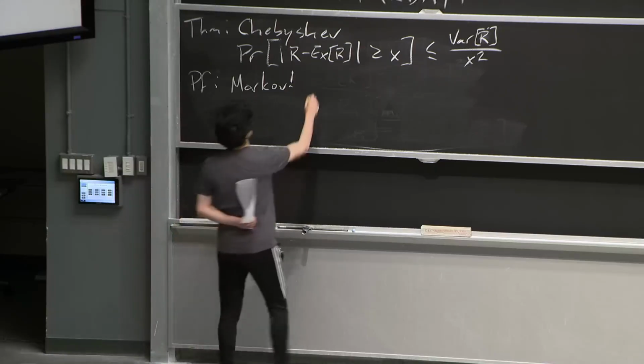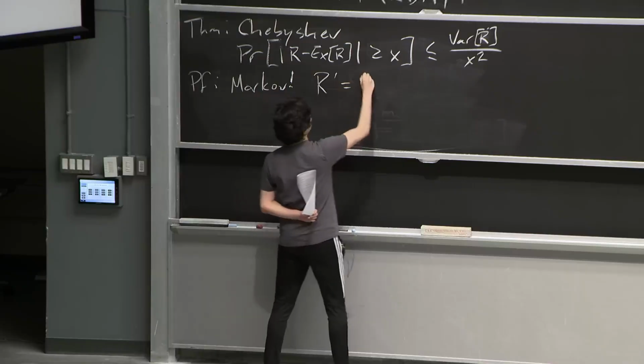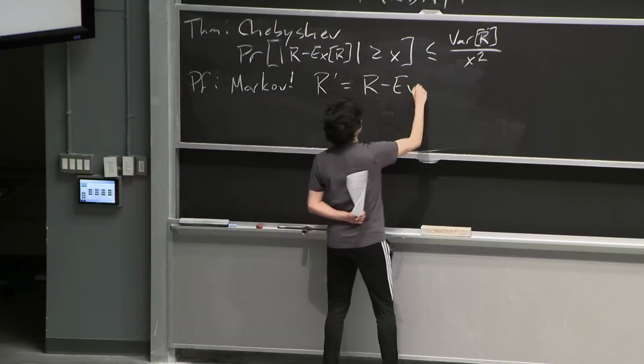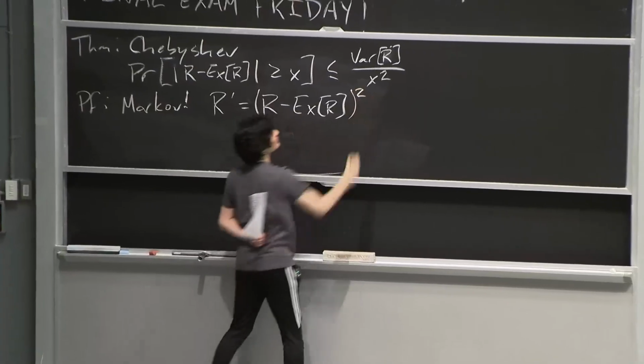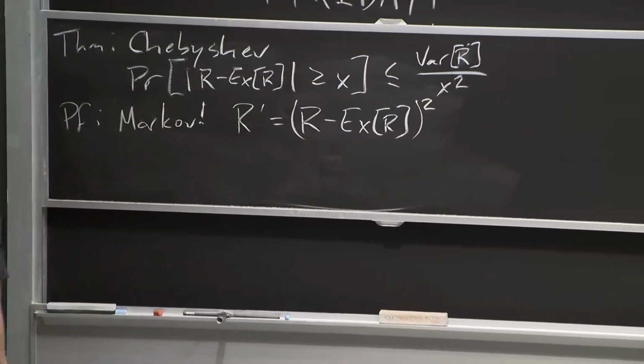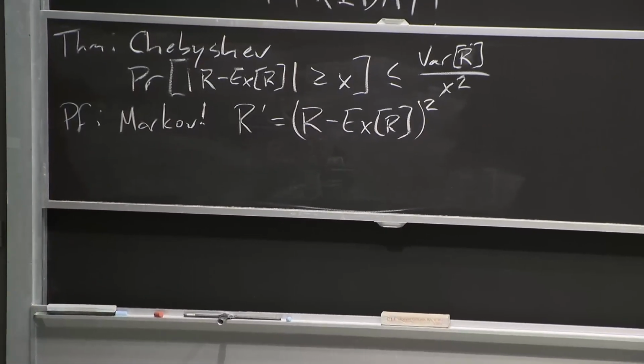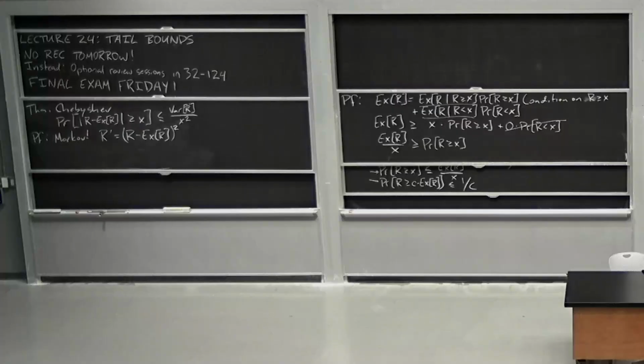Yeah, exactly. So R prime equals R minus its expectation, squared. This is non-negative, right? It's the square of some value.